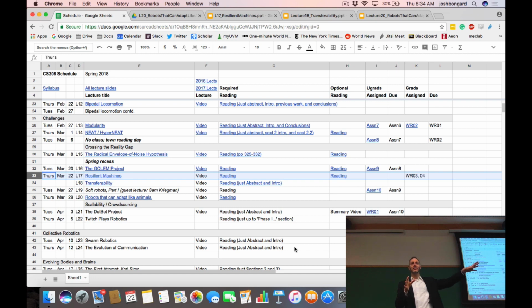So in the default physics engine, the robot is usually running around on ice. It's usually running around on relatively low friction ground. But as you might have noticed in the video, the resilient machine is moving on carpet, which has much higher friction. So maybe we should be evolving the friction parameters, friction coefficients in the simulator to better approximate the friction of the ground over which the robot is moving, right?